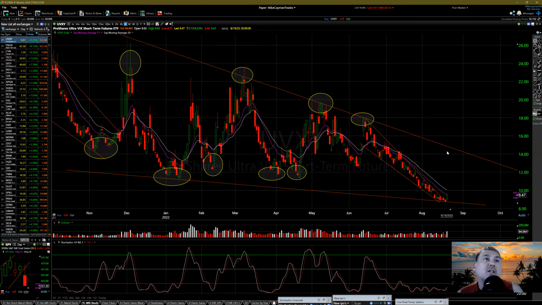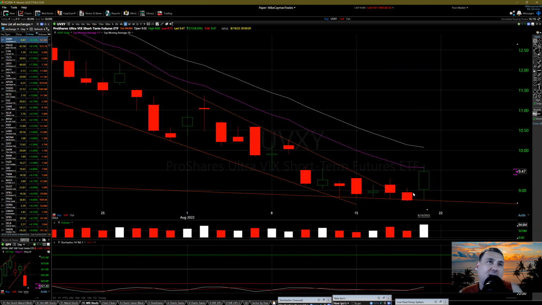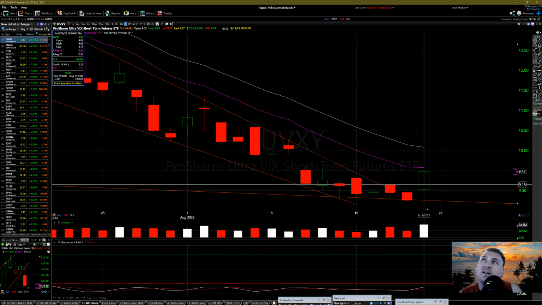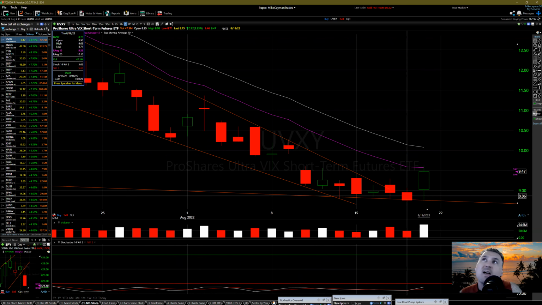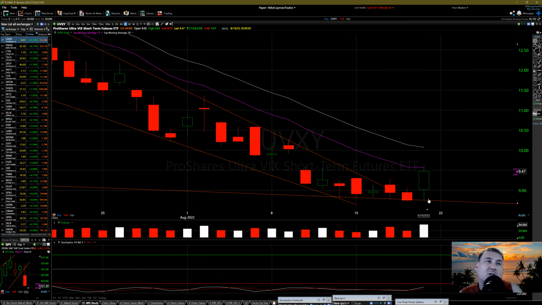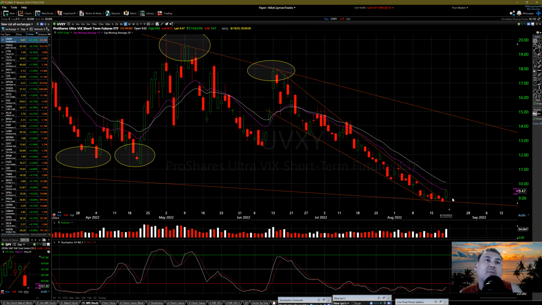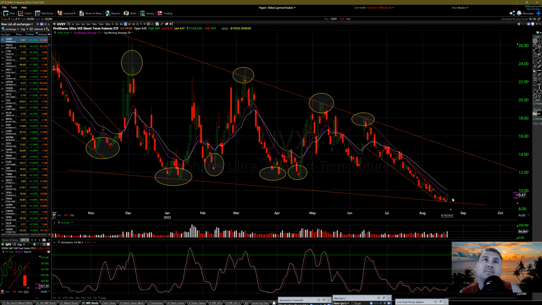If the market really just goes down and volatility really picks up, you can see that as the high level. So short term, look for 10 to 11. If it really gets going, high level 12 to 15 for your target. And right now your stop is going to be, see this wick right down here? 8.75, 8.71. So 8.75 would be your stop on this, on UVXY.